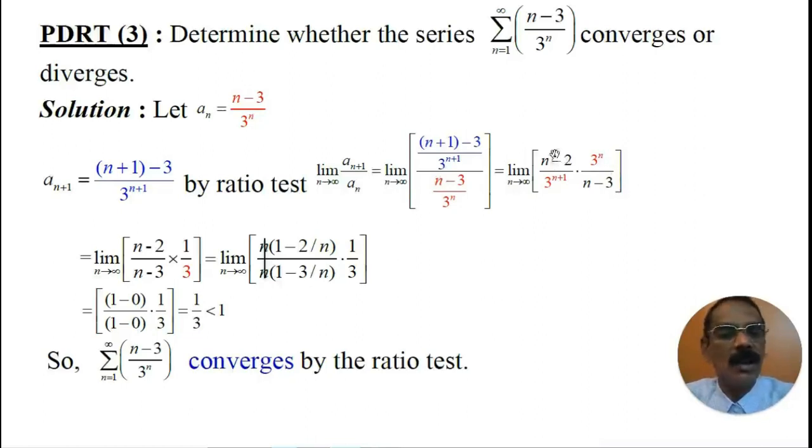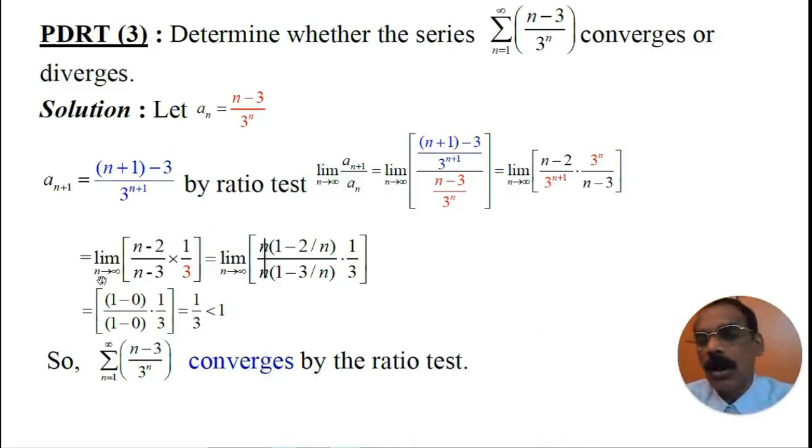Here we have 3 to the power n. Here we have 3 to the power n+1. This 3 to the power n+1 can be written as 3 to the power n into 3, so that this 3 to the power n and 3 to the power n get cancelled, and hence we will be left with only 3 here.